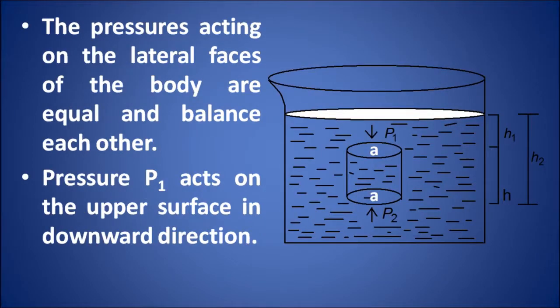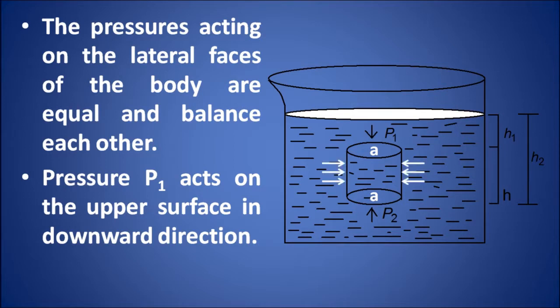Let us do an experiment. A container is filled with water and a cylindrical object is placed in it. Let us see the various pressures acting on this cylindrical object. The pressures acting on the lateral surfaces of the body are equal and balance each other.